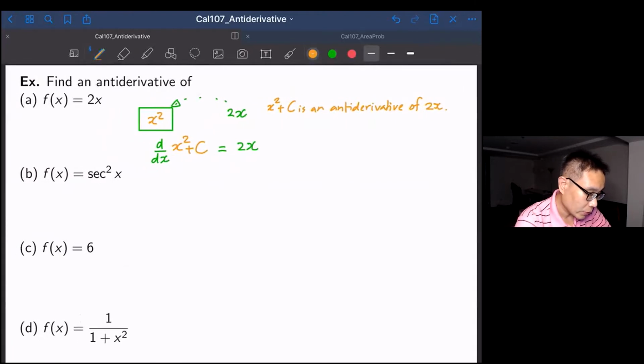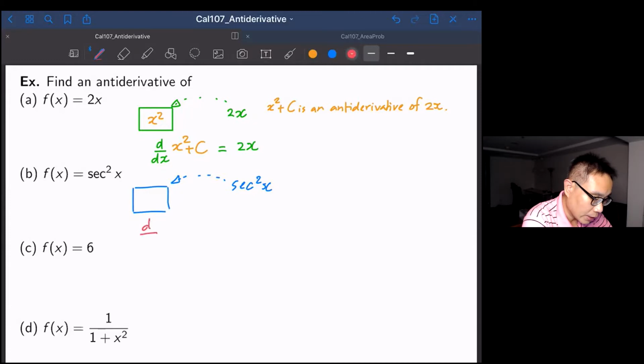The next one, you have secant squared x, and you would want to recover the function whose derivative equals secant squared. The d/dx of this function turns out to be secant squared, and the function you get is just tan x, plus a constant c.